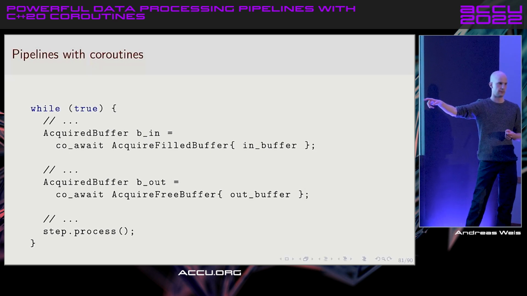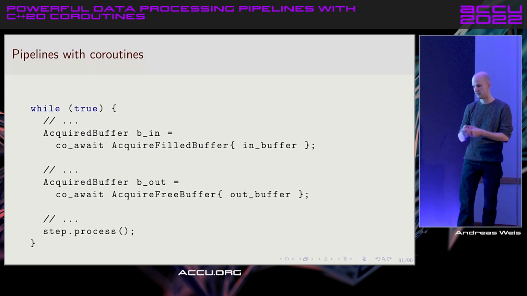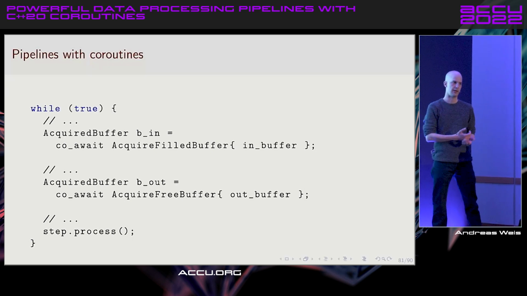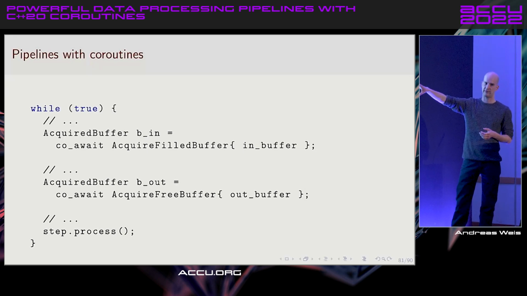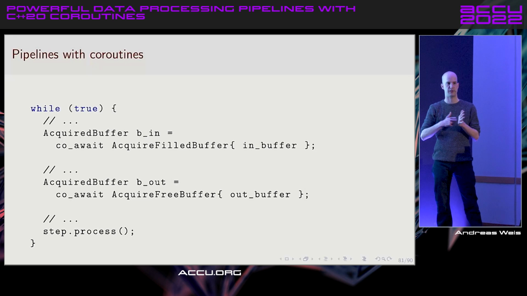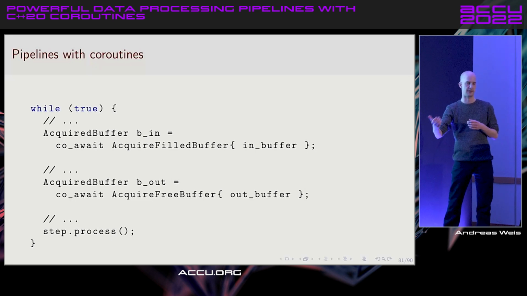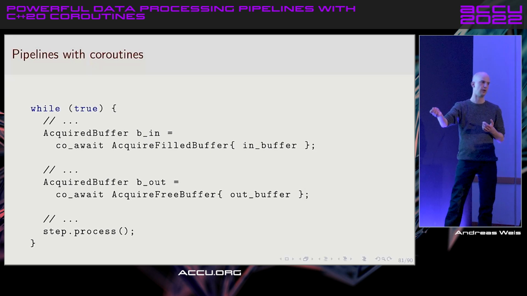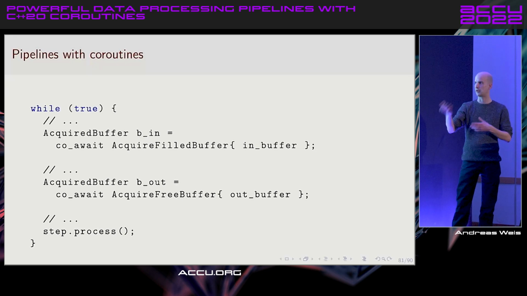If you think of coroutines as a form of cooperative multi-threading, then this makes perfect sense, because the acquire functions are the point where I give the other thread the opportunity to do something. That's where I say I'm waiting for you to fill a buffer for me, or to remove a buffer from the queue and give me back the empty space.